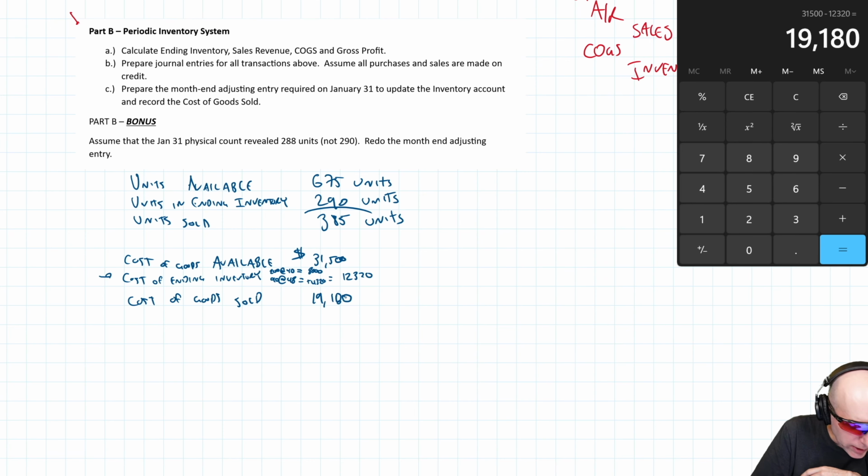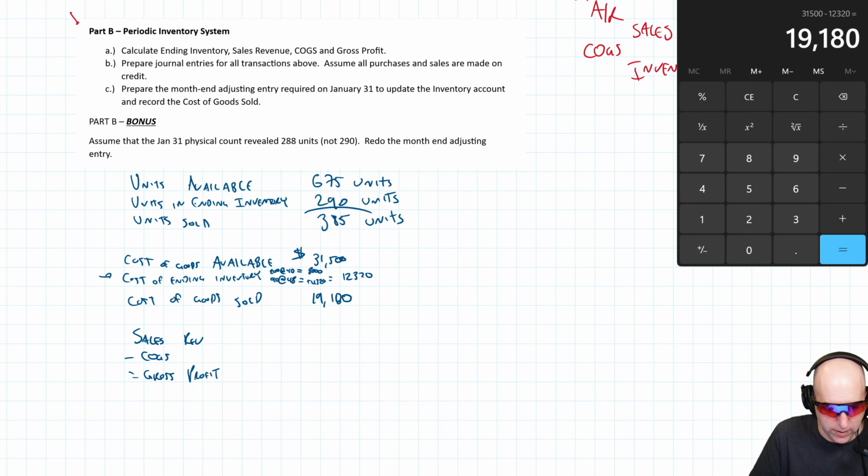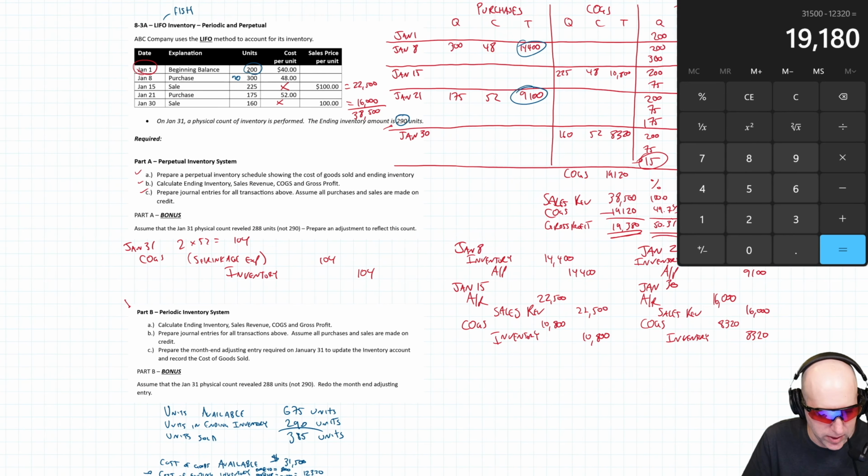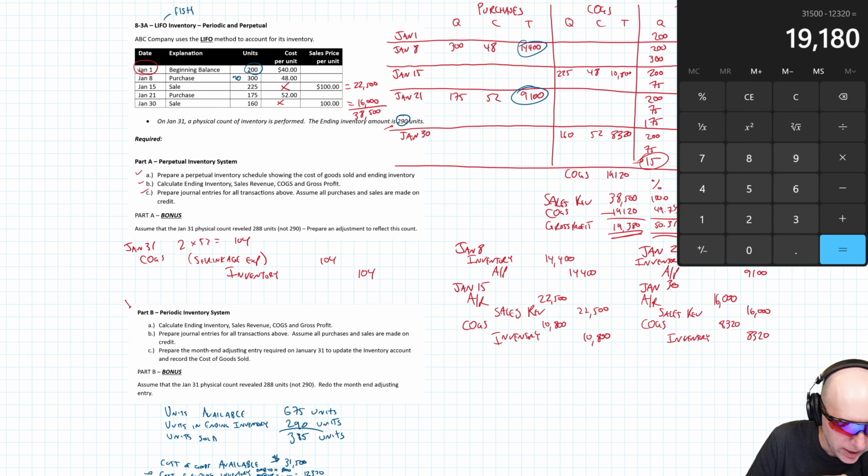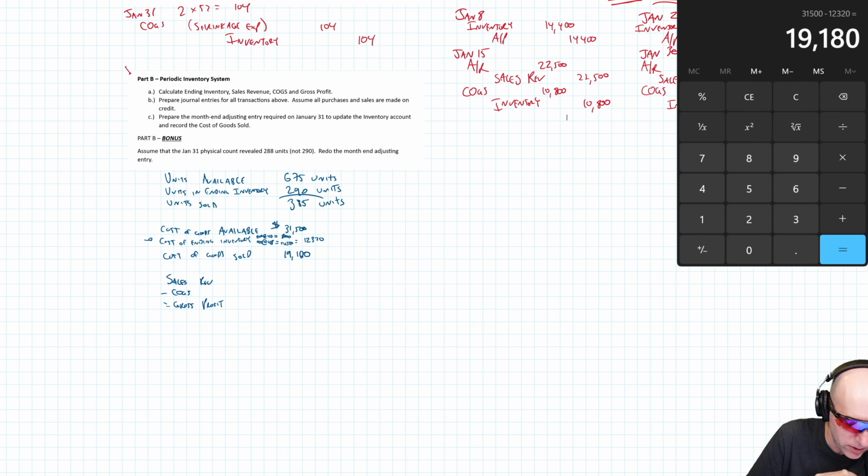So getting to that key calculation, sales revenue minus COGS equals gross profit. Our sales revenue is just the same. Doesn't matter what method, FIFO, LIFO, weighted average, doesn't matter periodic or perpetual. It's 38,500. The sales are the sales.